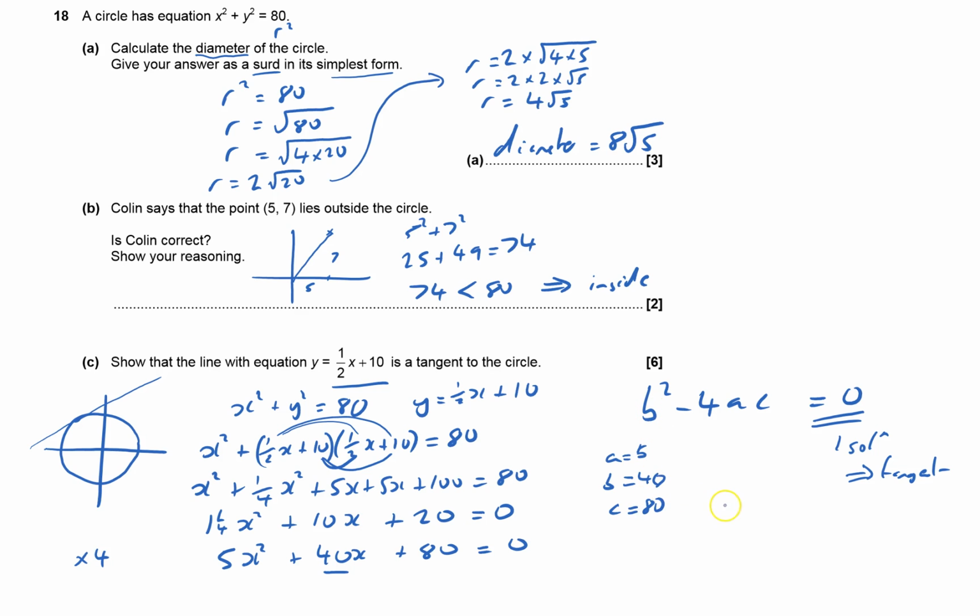So we get b squared, 40 squared, minus 4 times a, which is 5, times c, which is 80. That'll be 1600 minus 20 times 80, 2 8s are 16, with 2 zeros, and that equals 0. Therefore, as I said here, therefore tangent, and that's question 18 and the whole paper done.